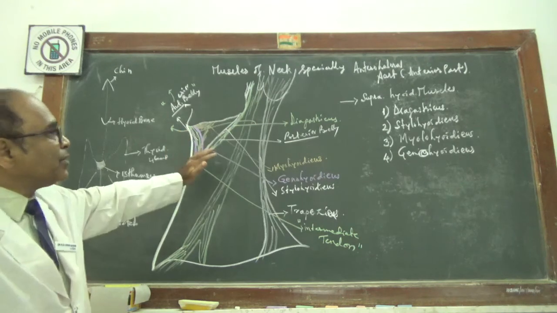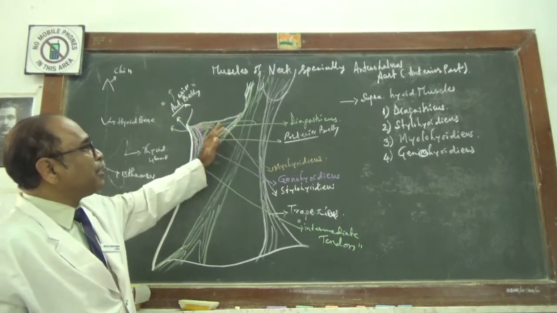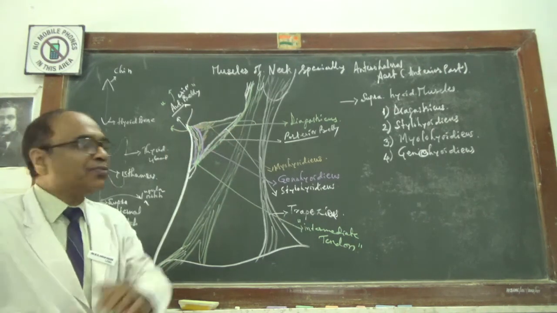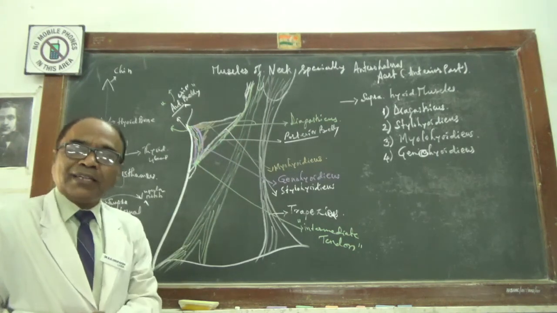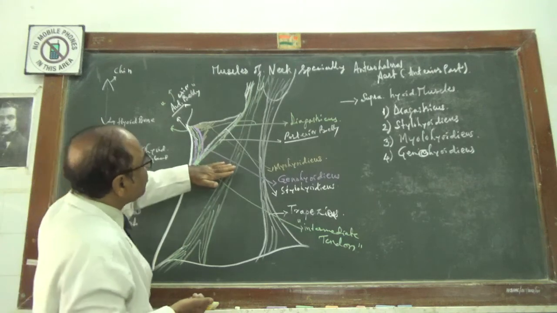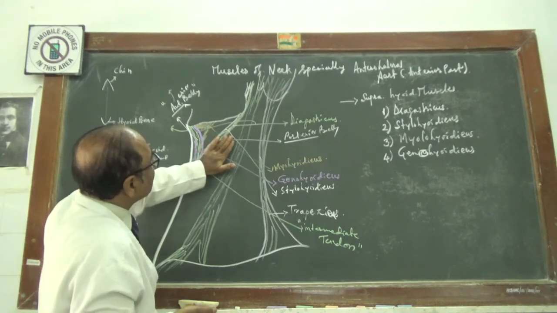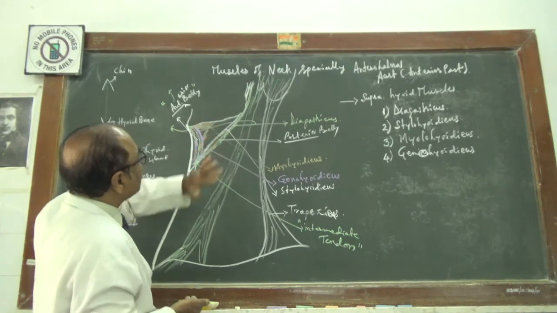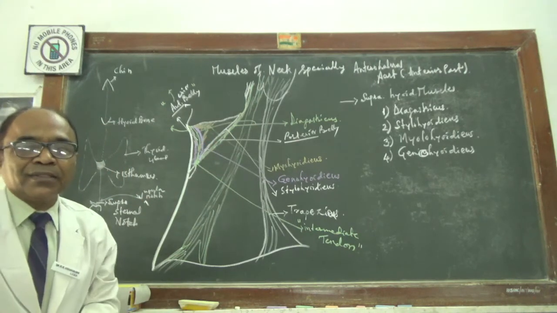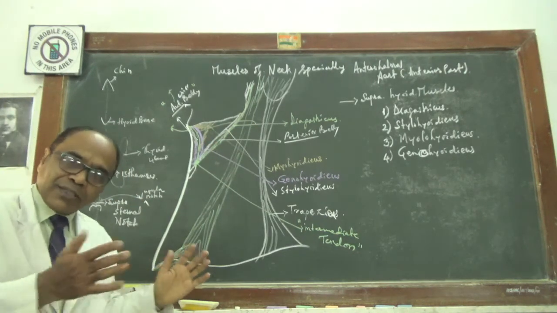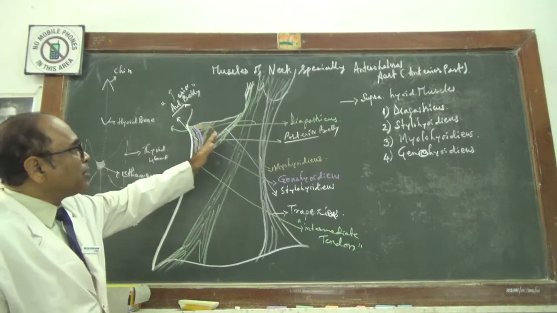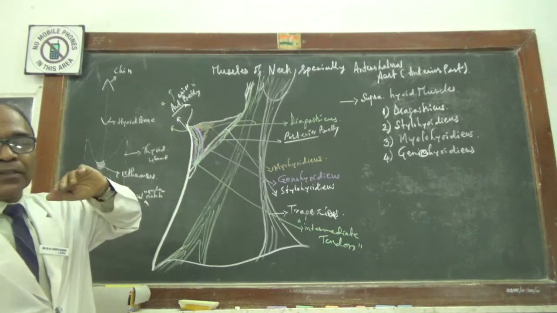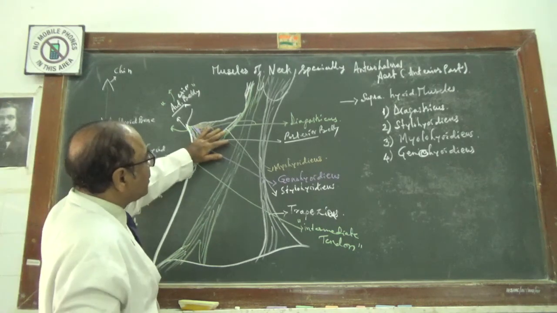Relations: superficially it is related to skin, superficial fascia, deep fascia, and deeply it is related to the contents of the carotid triangle, but also the contents of the digastric triangle, in general, overall. So that is what you have to tell.